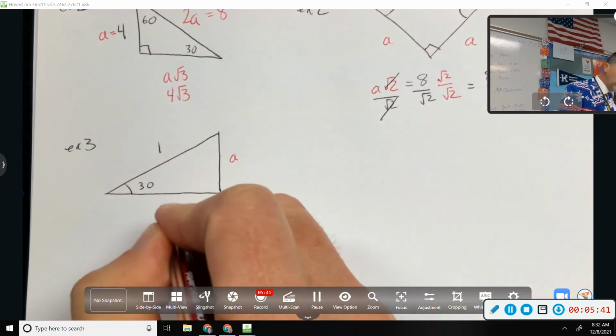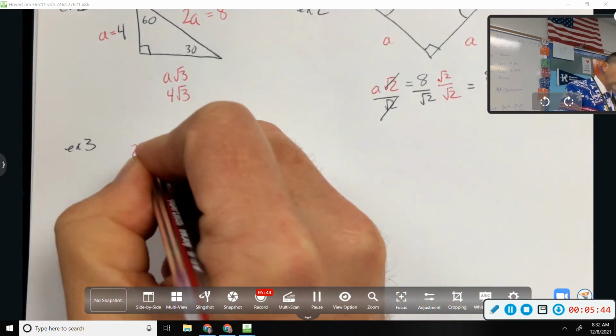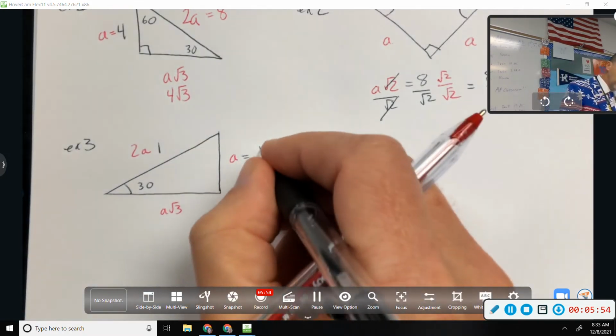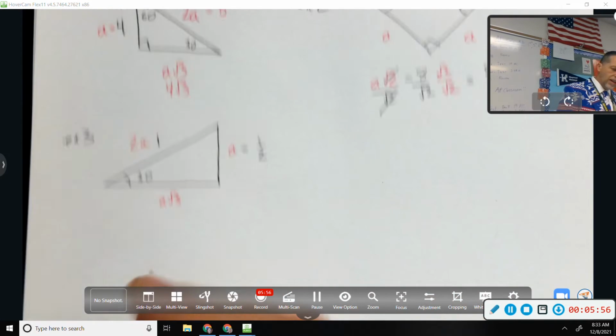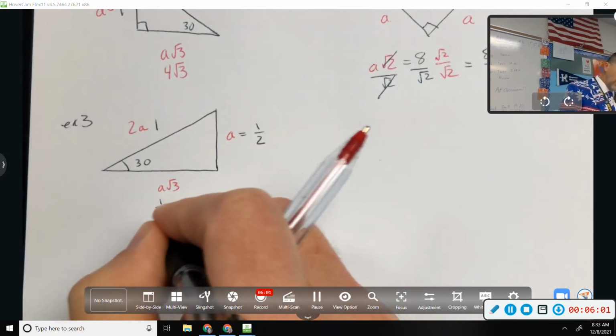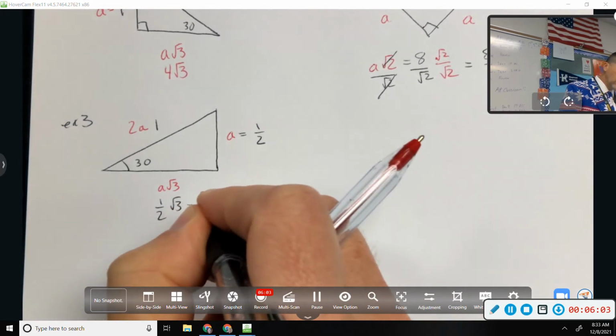A, A square root of 3, and 2a. So what does a equal? 1/2. And that means a square root of 3 would be 1/2 times square root of 3, or just root 3 over 2.